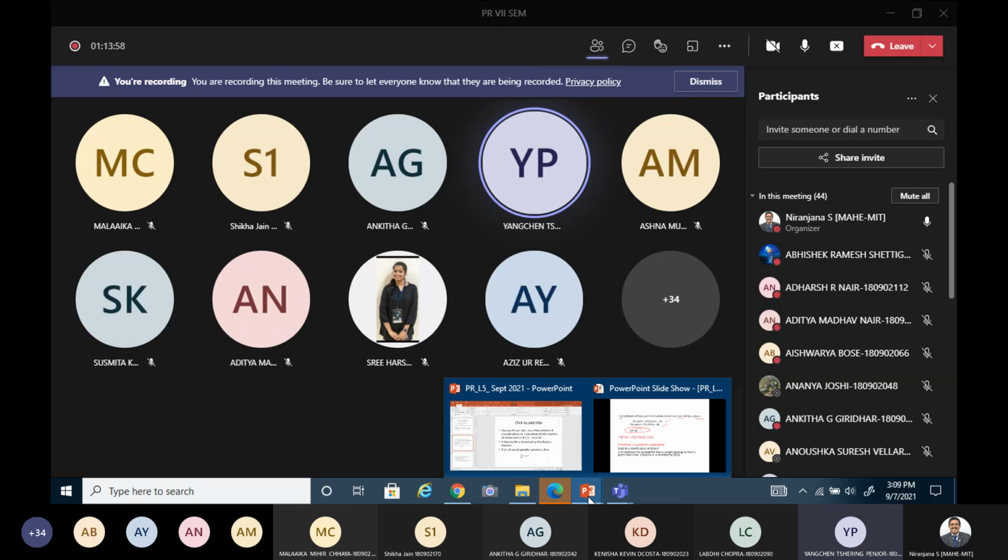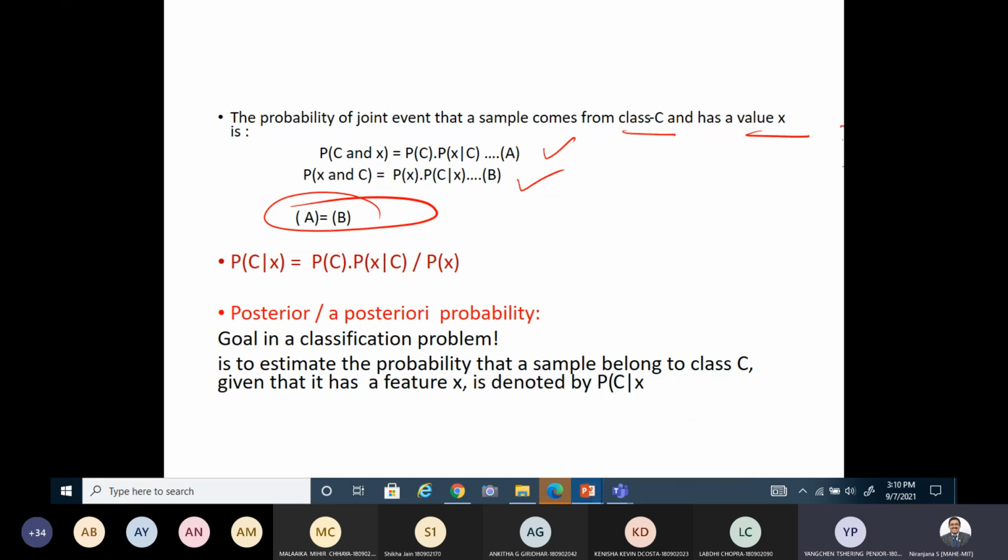I couldn't hear it. See, you can see my slide here where I expressed the probability of C and X, where C is the class and X is the variable or feature. Now, the AND operation you're trying to do could be expressed like this. This we had discussed in the last class also.